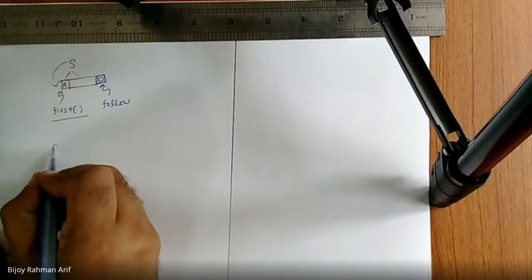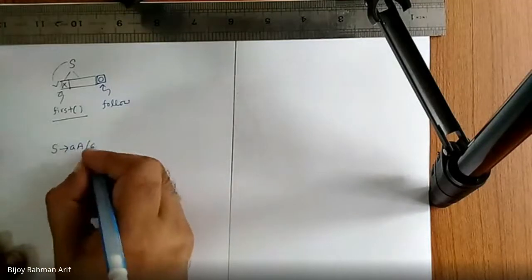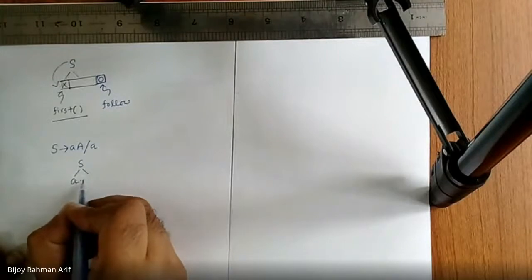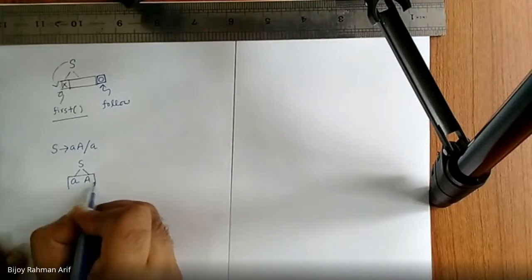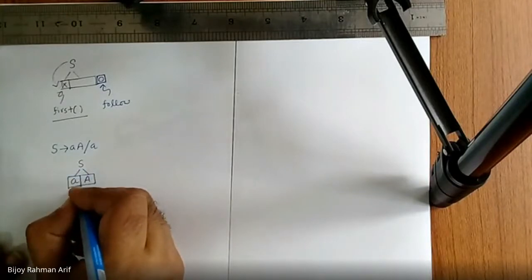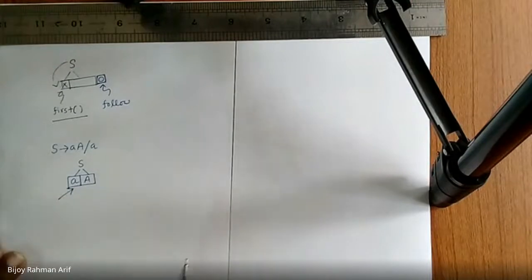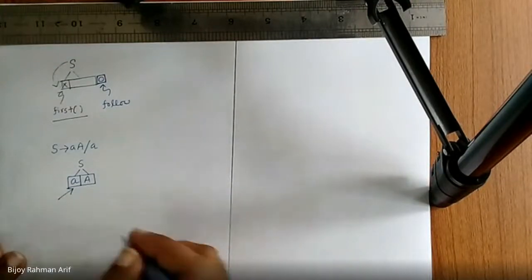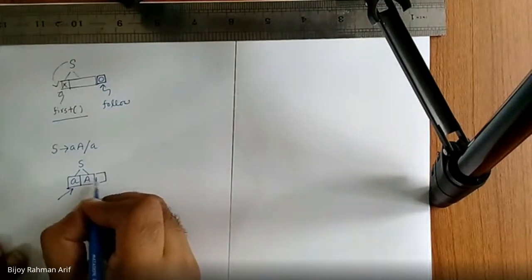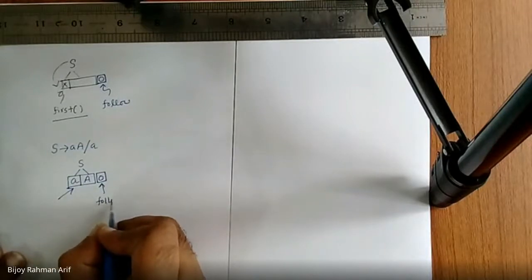Let's assume S derives A. If I use this rule, S derives A, then during this derivation step we got A at the very beginning. So first of S is definitely A. Now follow is whatever can come after this derivation. Do you get it?